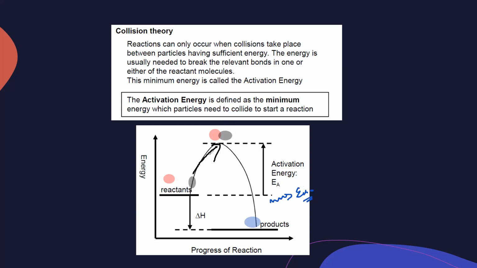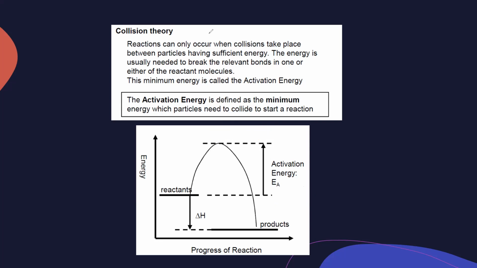So the minimum possible energy which the reactant requires to start up the reaction, to collide and form a product, we call that energy activation energy. So activation energy is the minimum possible energy for a reaction to start.